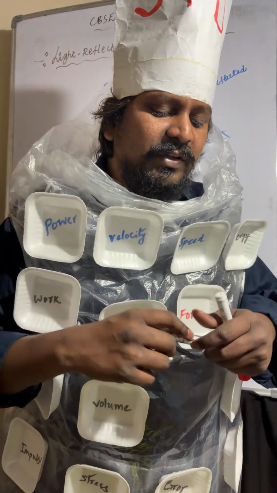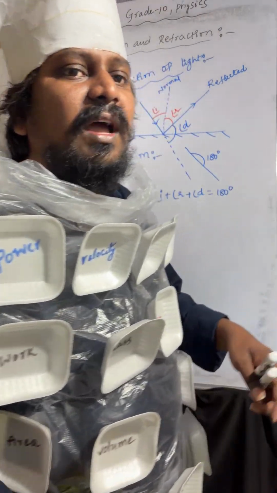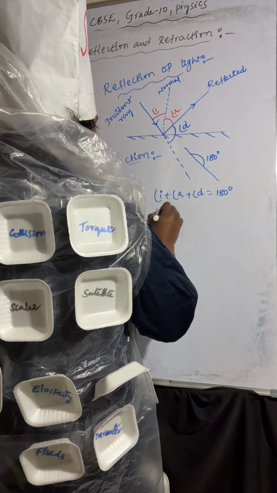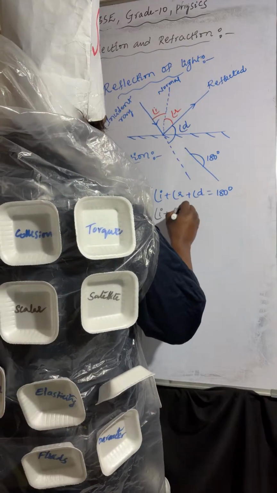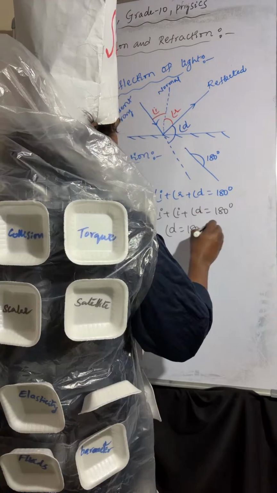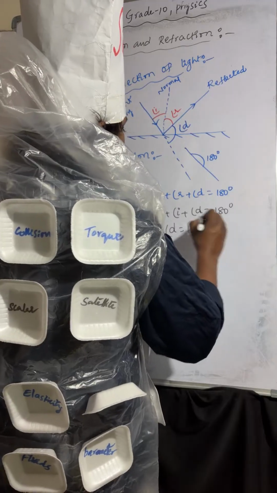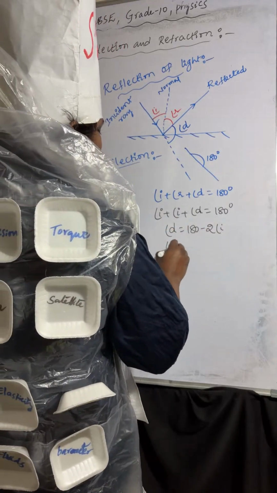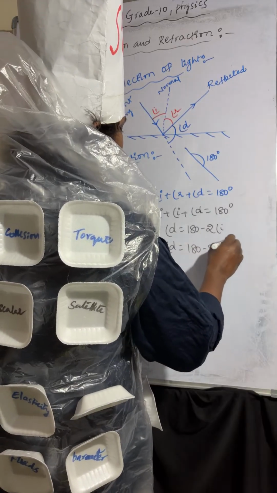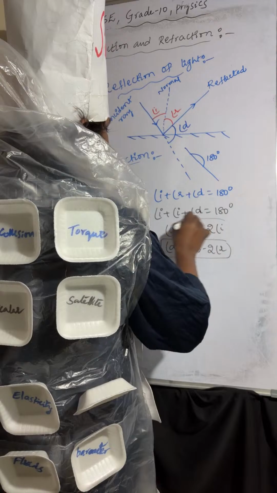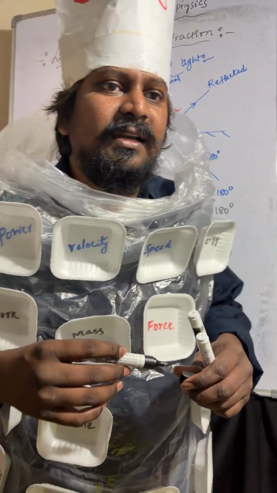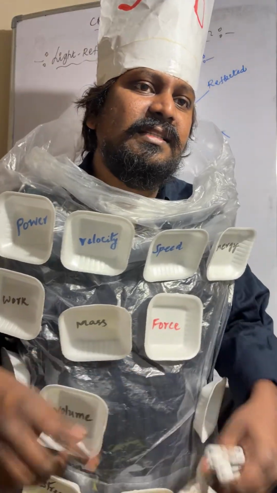Since the angle of incidence is equal to the angle of reflection, the angle of deviation equals 180 minus 2 times the angle of reflection. Understood or not?